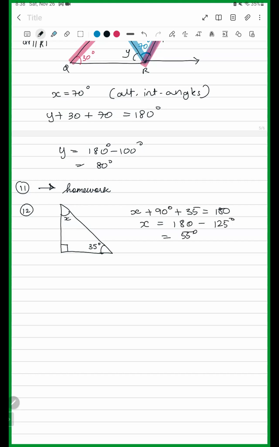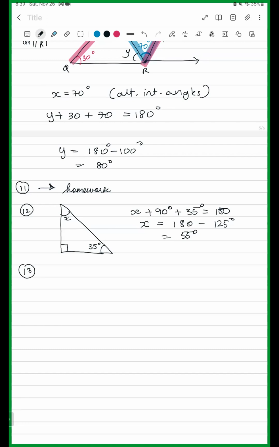Then x plus 125 gives 180. Sorry, x plus 125 equals 180, so x is 55. Hiba, are you done with this question? Shall we move on to the 13th one? Okay.